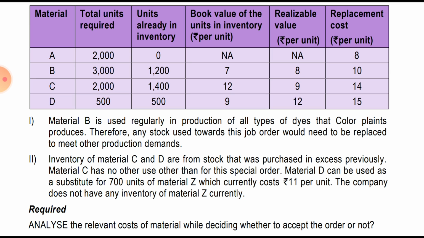Material D can be used as a substitute for Z. The total required is 500 units, and the quantity already in stock is 500. So this will be multiplied by the realizable value, that is 12. So 500 into 12 is 6,000, or 7,700, whichever is higher.